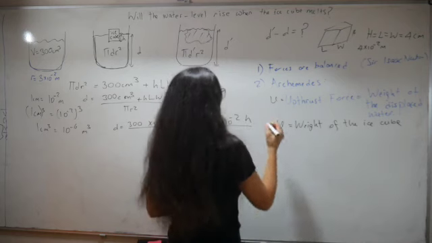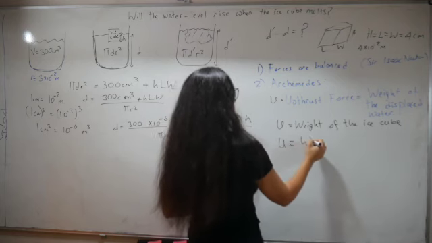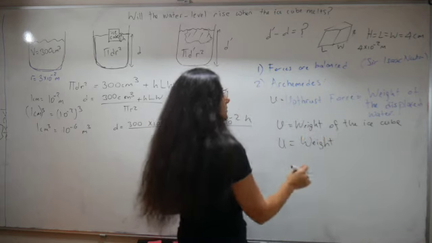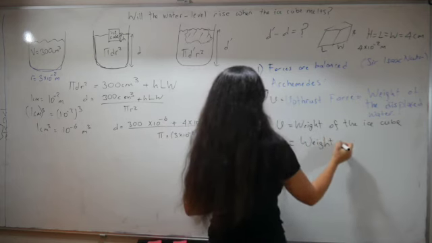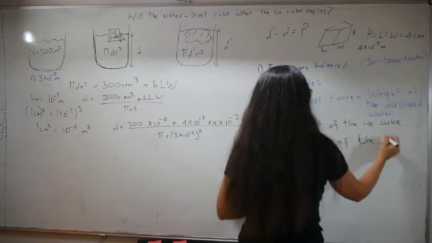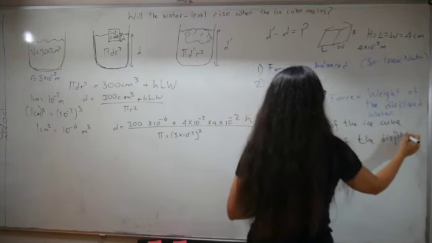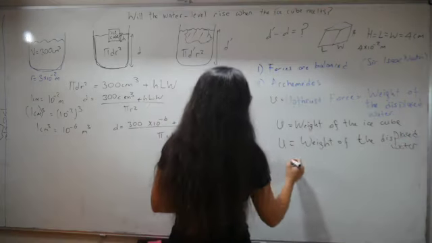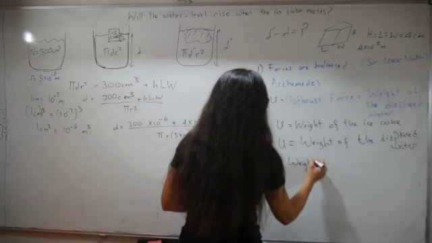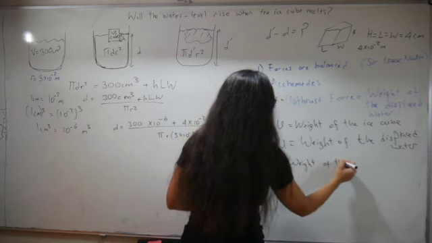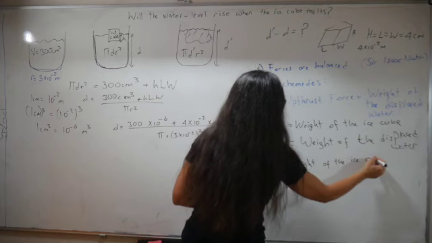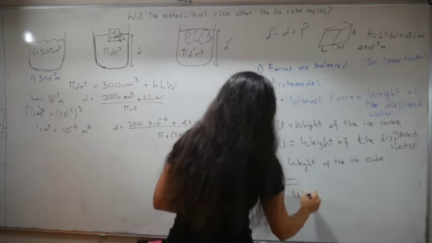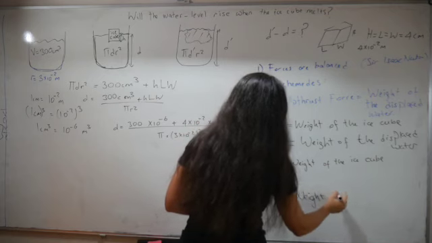And what Archimedes says, U equals the weight of the displaced water. Therefore, the weight of the ice cube equals the weight of the displaced water.